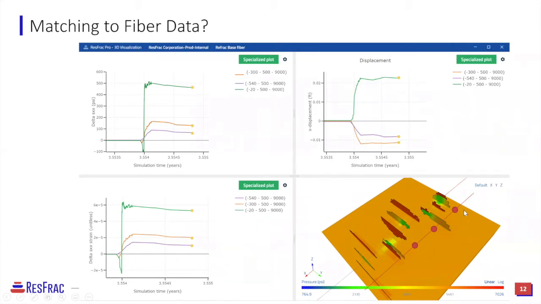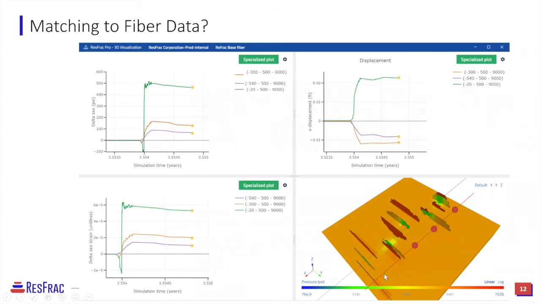So this is minus 540, which is going to be the purple lines, minus 300, which will be the orange lines, and then minus 20, which is going to be the green lines. At any point in the model, if you specify ahead of time, you can output the change in stress, the change in displacement, as well as the change in strain.